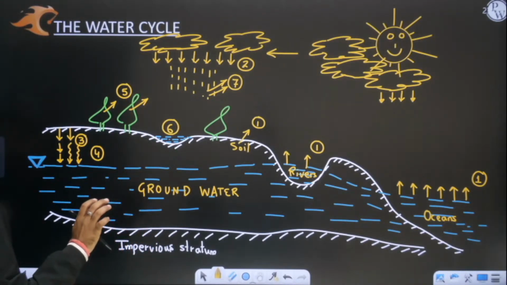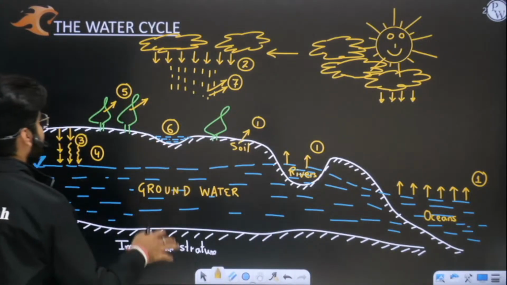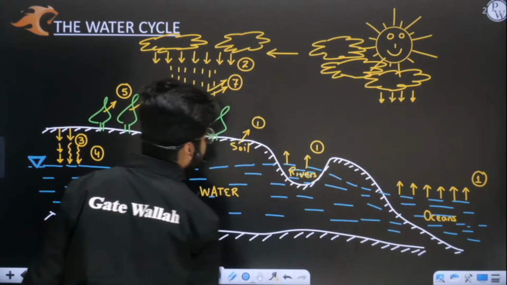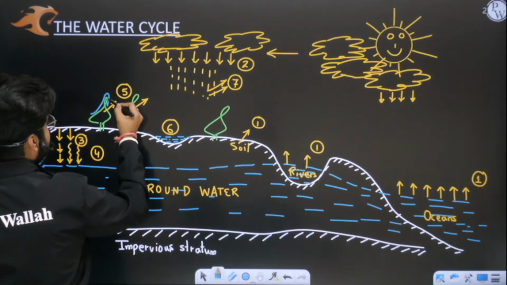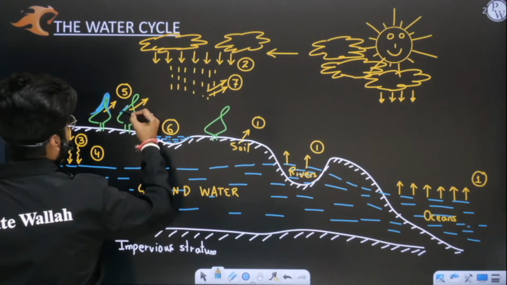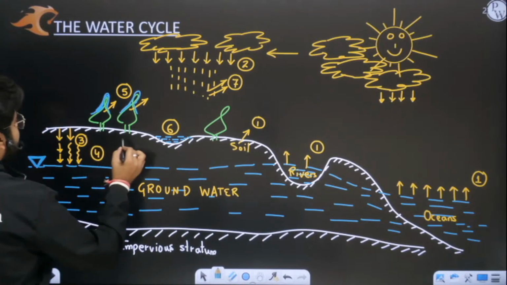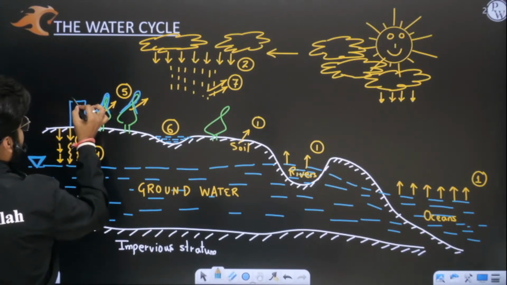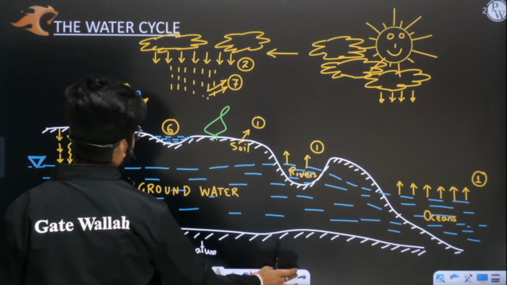Now you need to understand, apart from this, some water will be intercepted by these trees. Some water will be stored, or you can say intercepted, by these trees. Or let us imagine we have a building here, and on that building some water has stored on the top.